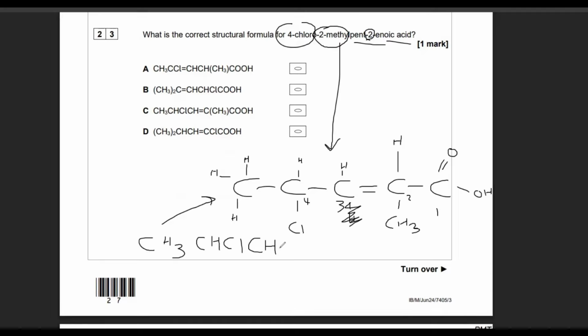Now I'm going to have a double bond. So I'm going to put a double bond in here with the CH, and then we're going to go CH again, because carbon 2 has 1 hydrogen coming off it, then bracket CH3, and then COOH. I don't know why I've got a little line. Oh no, that's the number 1. Okay, so it's C. That's the one it matches up with. There we go.